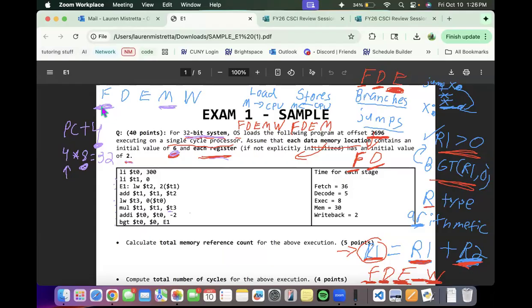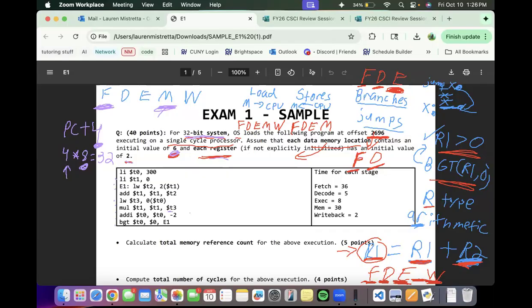Fetch to get the actual instruction, mem to get the actual data reference. But with other instructions, you might only be fetching. Every single type of instruction is going to fetch and decode, but not everything will exec, mem, or write back. So we want to keep in mind what types of instructions these are and calculate based on that.